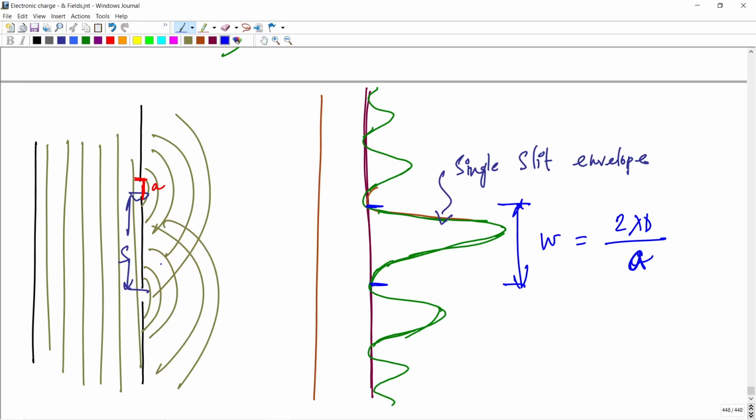Now these two single slits, S1 and S2, also produce interference. The interference is inside that envelope and it looks like this, with high intensity.